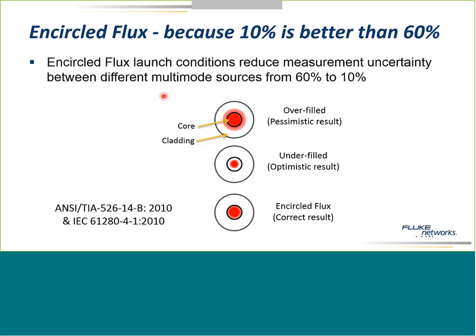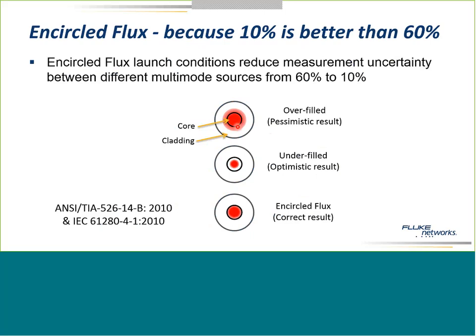Now, let's talk a little bit more about encircled flux. We're looking at the connectors here from the end. And what encircled flux is trying to do is make sure we've got the core and the cladding here. We want to make sure that the core of the fiber is properly filled. An LED is going to overfill the core of the fiber. We're going to get some light in the cladding, and that light will go a short distance.